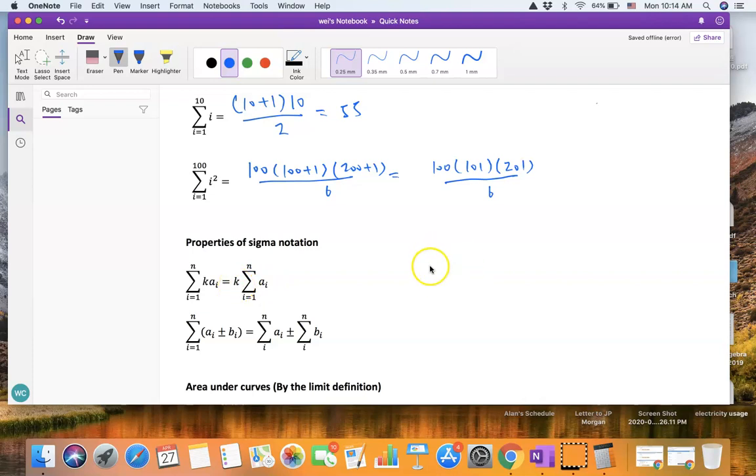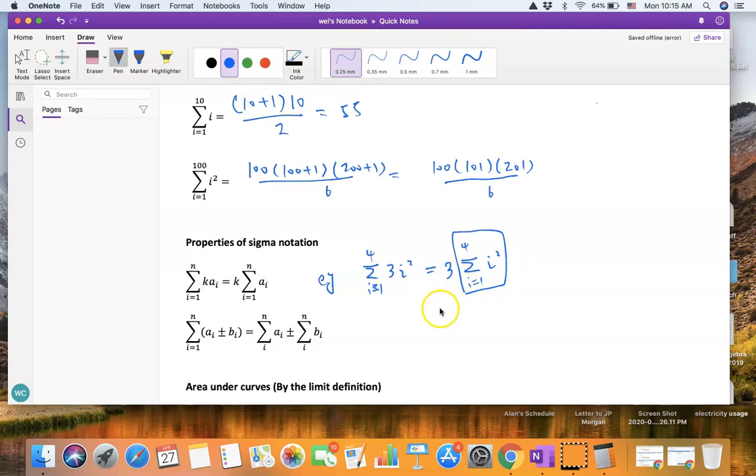For example, if we are given the sigma of 3i squared, since each term i squared has a constant 3, we can factor out this 3, first find the summation of i squared, and then multiply that by 3.